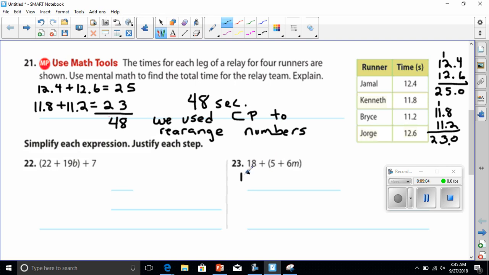And I can say that 18 plus 5 in parentheses, and then I can add that to 6m. What did I use here though? I regrouped my parentheses, so that means I use my associative properties.